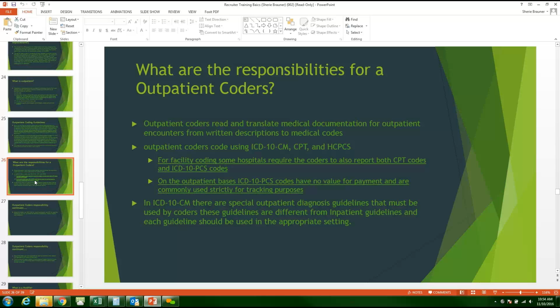They are the same. There's no difference in the PCS codes for inpatient and outpatient. In ICD-10-CM, there are special outpatient diagnosis guidelines that must be used by coders.